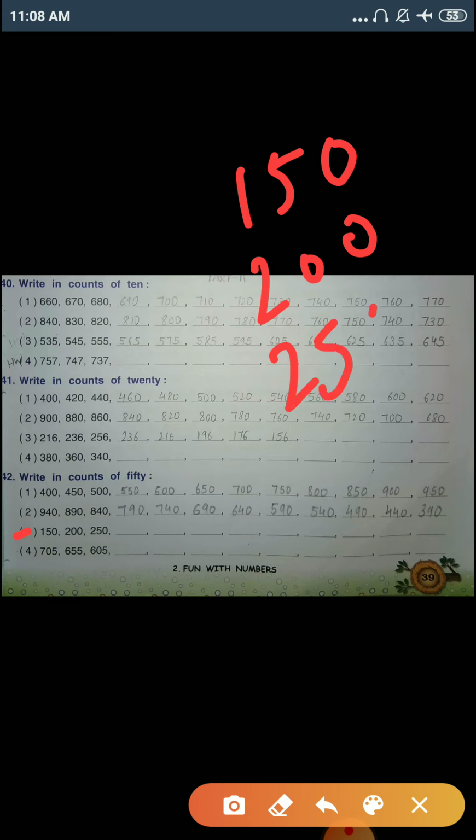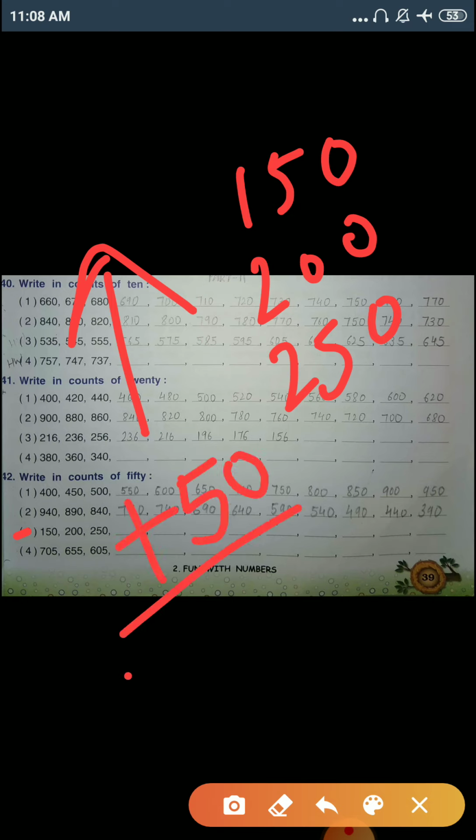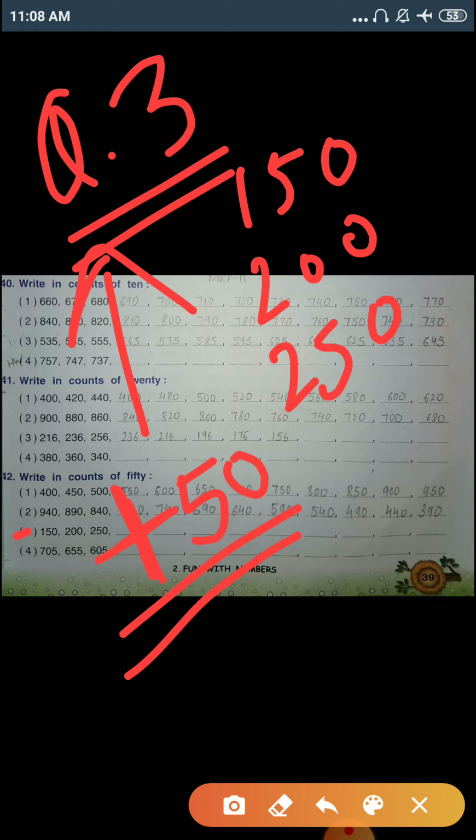Now question number 3. You can see that 150, 200, 250. The number is in which form? The number is in increasing form. So you need to add 50 to numbers for finding out the next number. Okay. So you need to add 50 in question number 3.